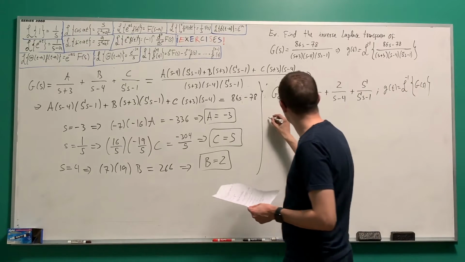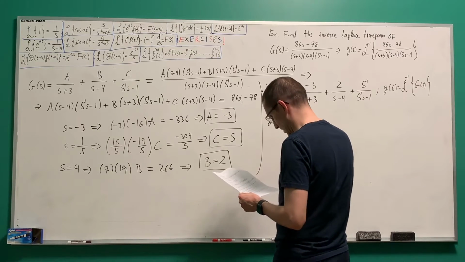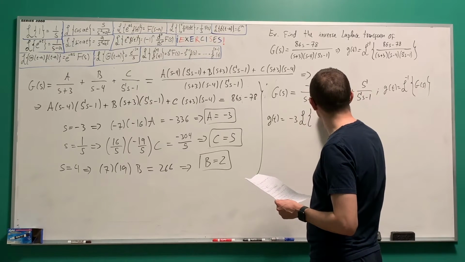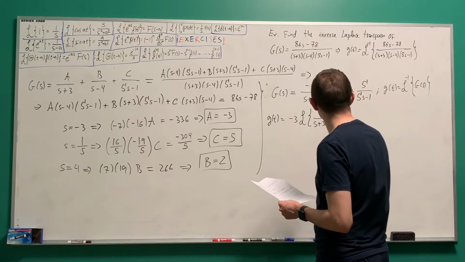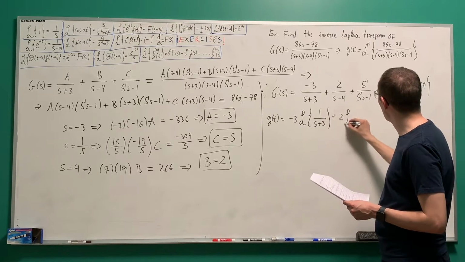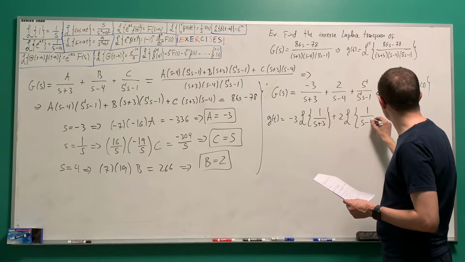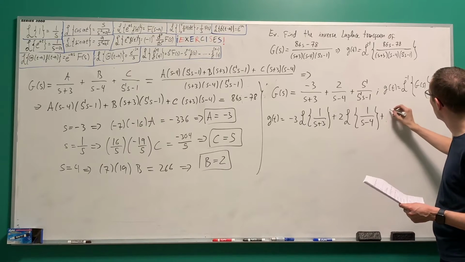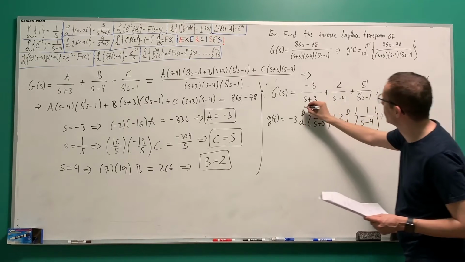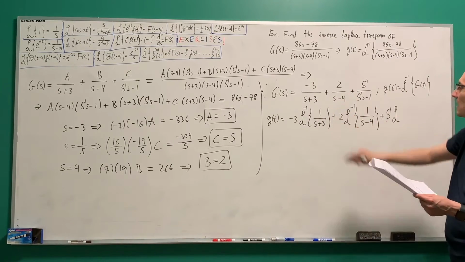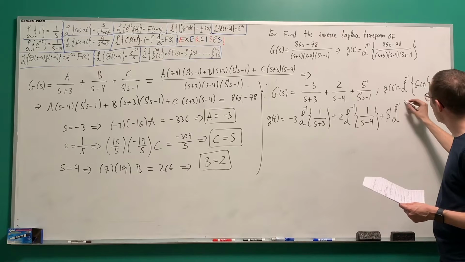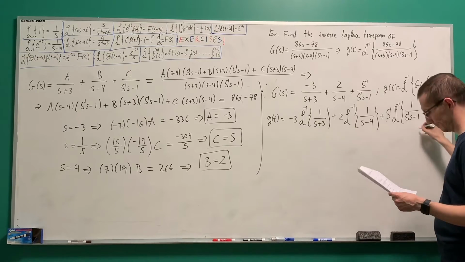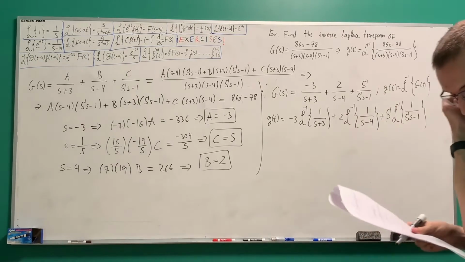And doing that, we get that g(t) is, of course, let's take the factors out: minus 3 times the inverse Laplace of 1 over s plus 3, plus 2 times the inverse Laplace of 1 over s minus 4, plus 5 times the inverse Laplace, sorry, my bad, I'm taking inverse Laplace, of 1 over 5s minus 1.